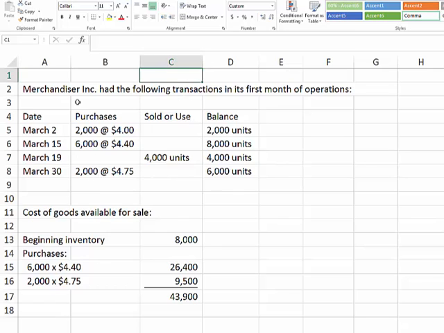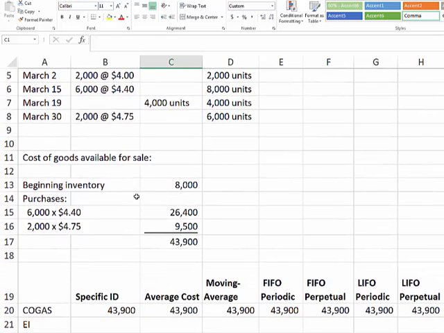It's a merchandiser in its first month of operations, and it had 3 sets of purchases and one sale in March. So of the goods available for sale, their beginning inventory was their initial purchase on March 2nd.